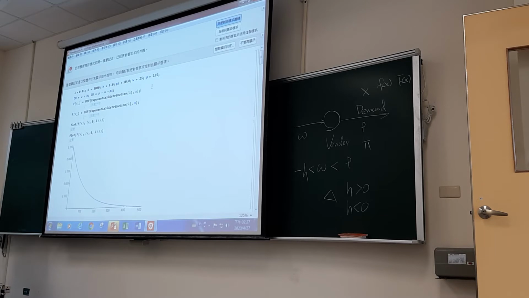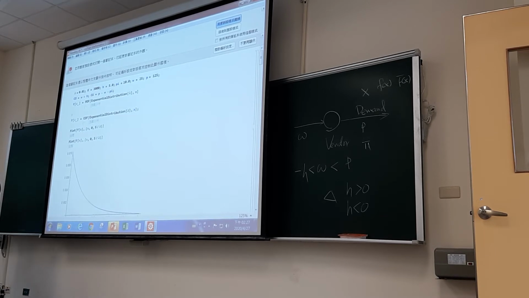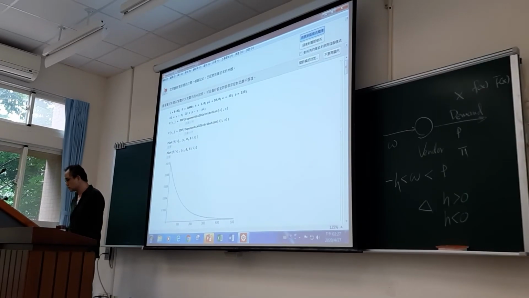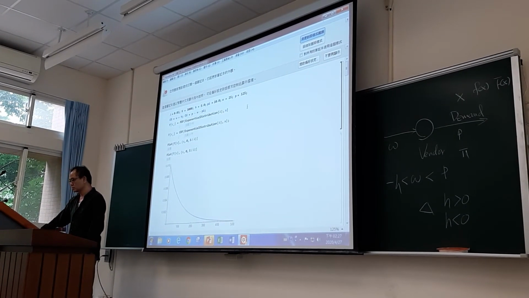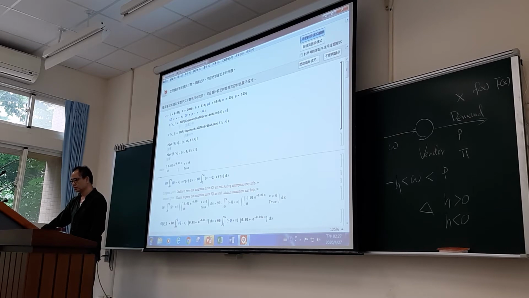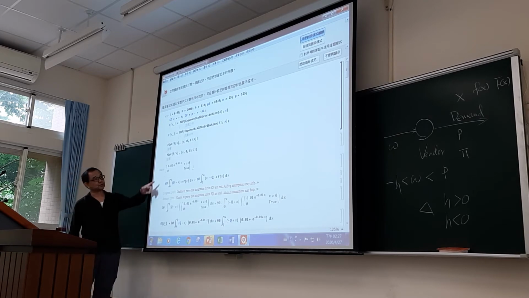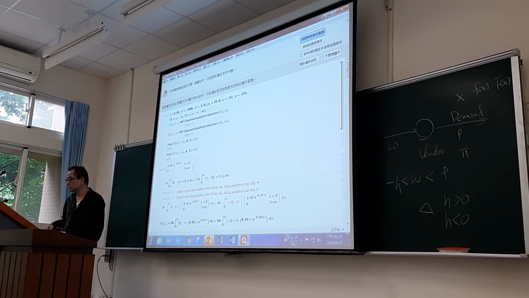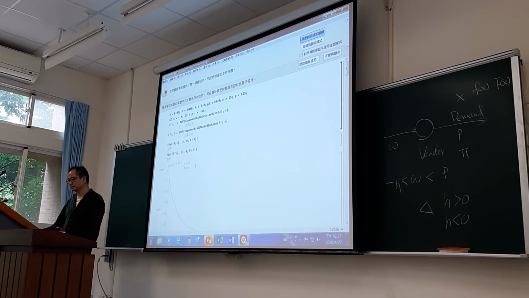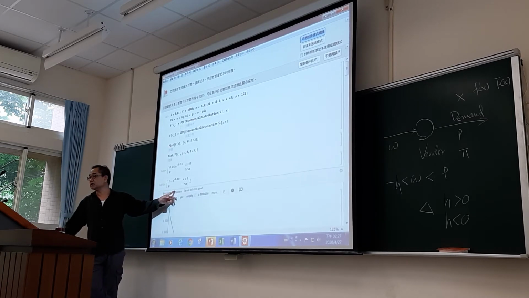You can see the formula for that. You see? This is the exponential distribution PDF, right? So what is CDF? This is a cumulative density function.